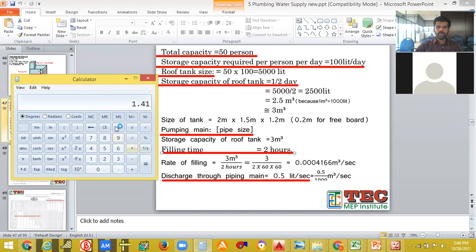So what you have to do is take 2 meter length and 1.5 meter width, 2 into 1.5 gives 3, and you multiply with 1 meter height. 2 into 1.5 into 1, you will be getting 3.